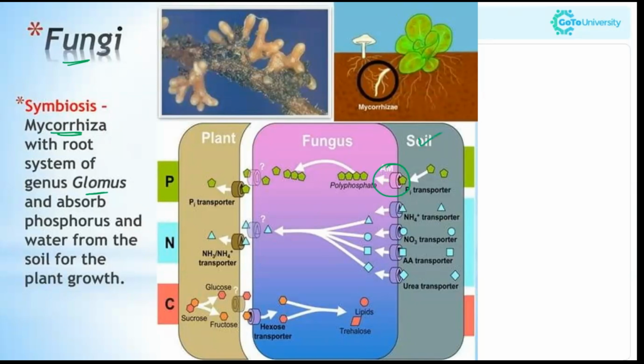The plant having such associations shows other benefits also, such as resistance to root-borne pathogens, tolerance to salinity and drought. And also there is an overall increase in the plant growth and development. So they absorb phosphorus, water, from the soil for the plant growth.